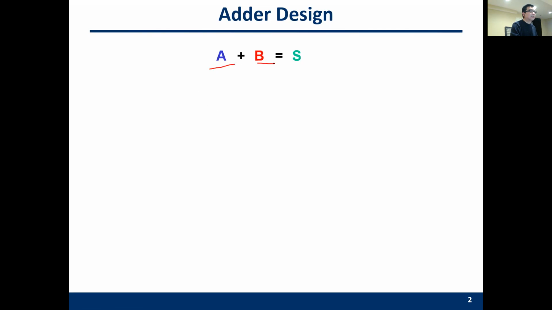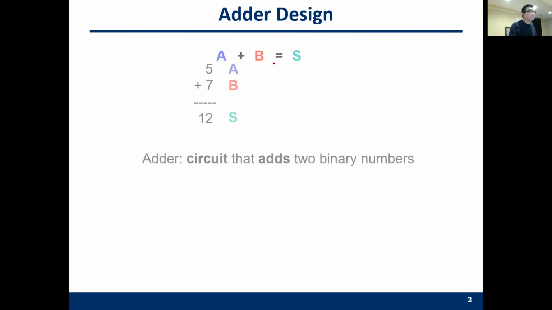So this is A and this is B. So here is one example, and all the numbers in this slide are decimal numbers. So we can compute 5 plus 7, which is 12 here. And the result is called sum. So a binary adder is a piece of circuit that can add these two binary numbers.